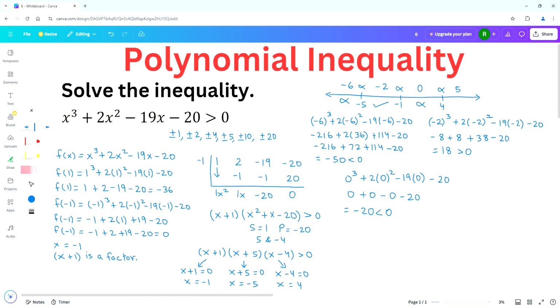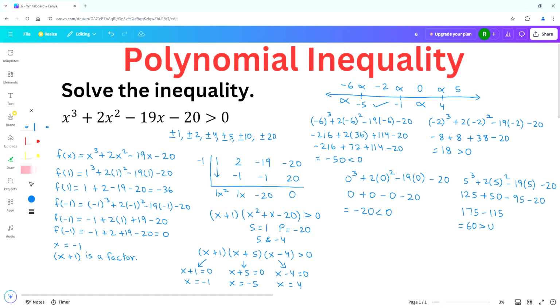Next, we can use the test value 5. I get 60, which is greater than 0.